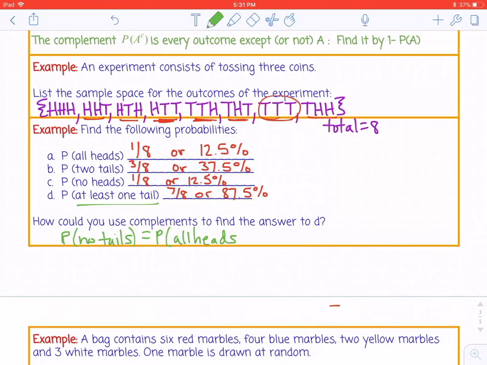This is our complement is what I'm saying. So let me write this a little better. At least 1 tail is the opposite of the probability of no tails, which would be all heads. So 1 minus the probability of all heads, which only occurred 1 time out of 8. So 1 minus 1/8 would give us the 7/8 that we could find by counting them up.